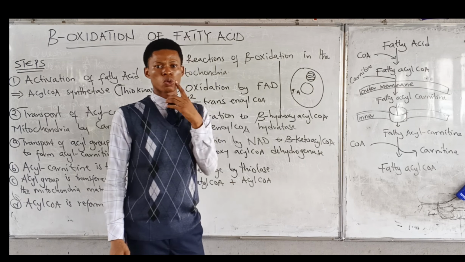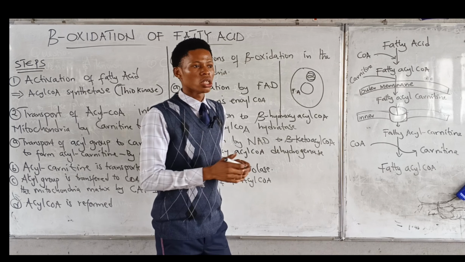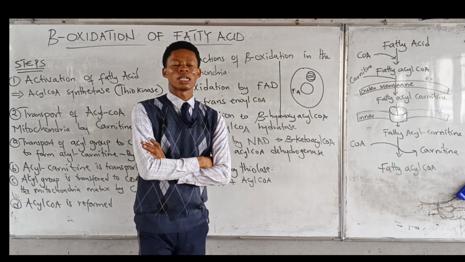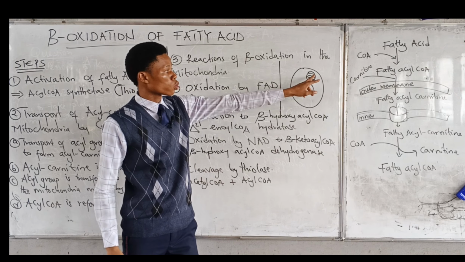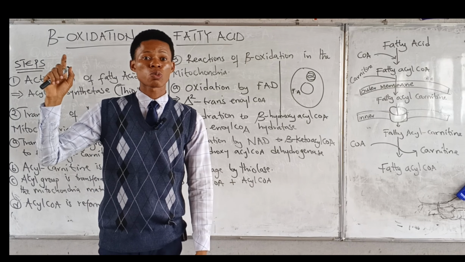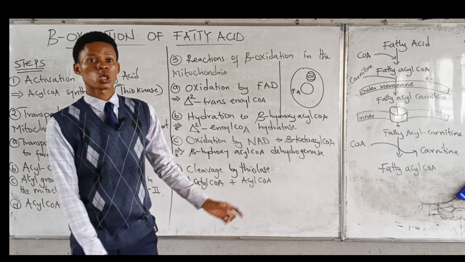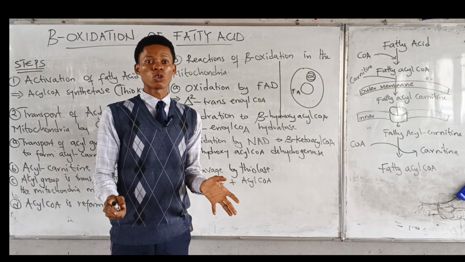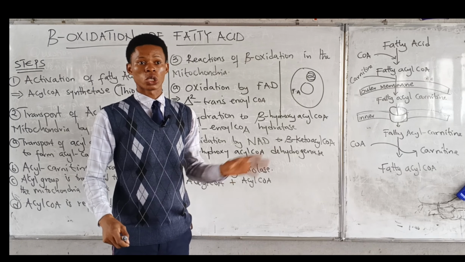So fatty acid-CoA now thinks: since the mitochondrial membrane is not allowing me to enter, I really need to get inside so I can produce energy. Is it not? So fatty acid-CoA sat down and thought, what do I do to get into the mitochondria? Okay, I remember a transport company that can transport me. So I'll just enter their vehicle and they will not even know I'm inside until I get in.